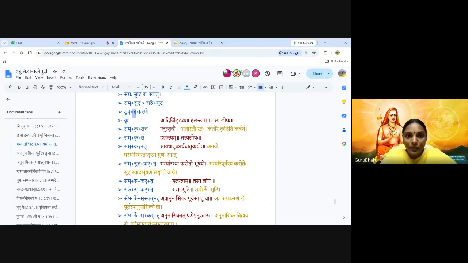Halantyam tasya lopaha. Then du and kru will remain. So this ukara either ucharana sthana ucharanartham or upadesha ajanunasika it. By that ukara will get lopa. Dakara has to get lopa. Adir nitudavaha. By that sutra, this dakara also gets lopa. Then what will remain? Kru. Kru dhatu will remain.